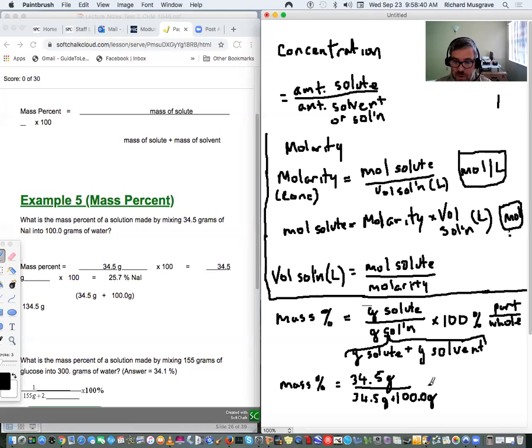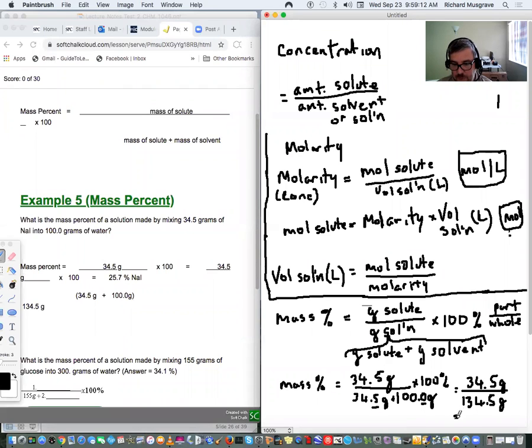There is a bit of a significant figure wrinkle that you have to be aware of here because we are mixing operations. So we have to do the addition first here. And that will end up helping us to find the significant figures at the end. So 34.5 grams divided by 134.5 grams, because that's going to go by number of places past the decimal point.